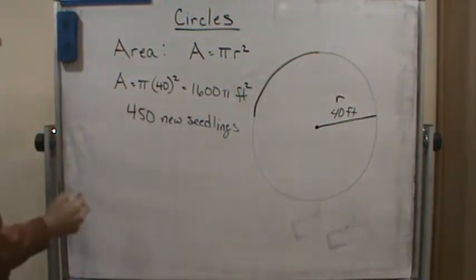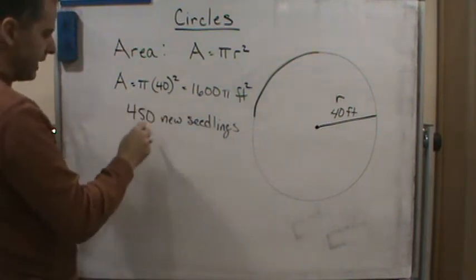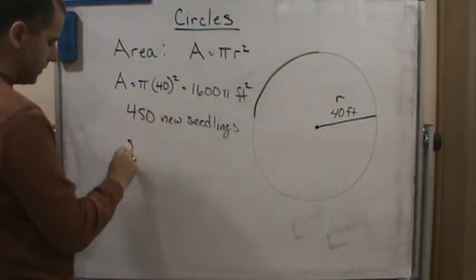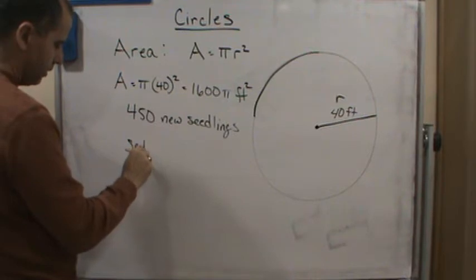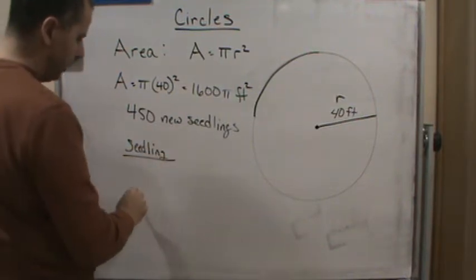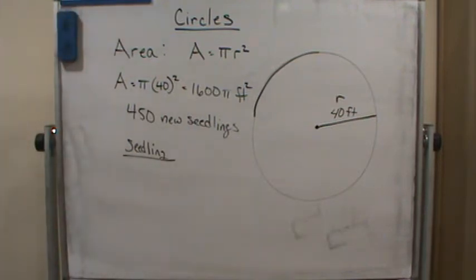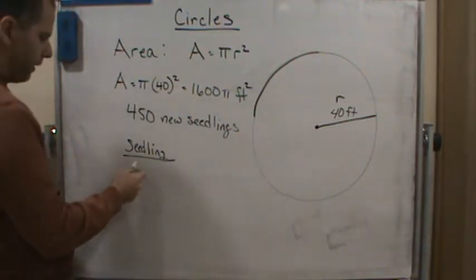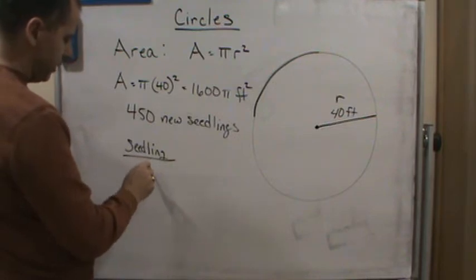So we need to find what? Number of seedlings per area, right? That's what we're looking for. We're trying to find the germination rate of seedlings per area.